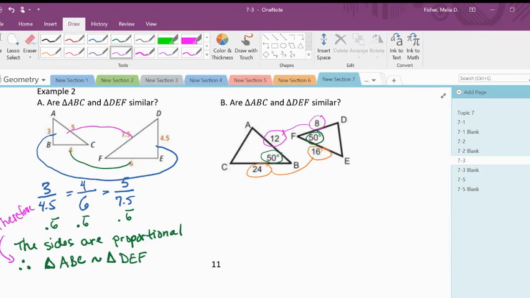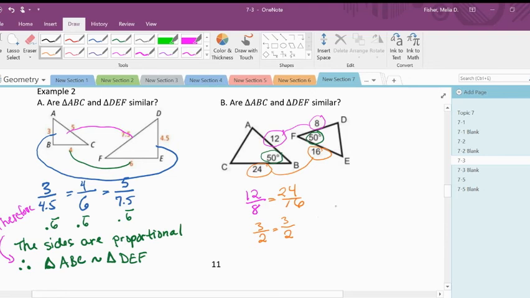I'm going to say 12 over 8 and 24 over 16. I can reduce this. Both of these are divisible by 4. So 4 goes into 12 3 times, and 4 goes into 8 twice. And over here I can divide by 8. 8 goes into 24 3 times, and 8 goes into 16 twice.